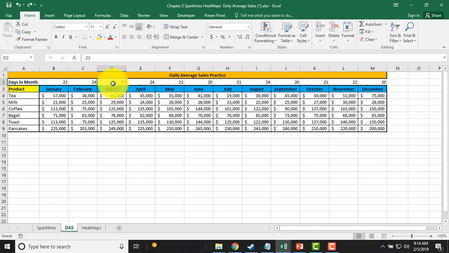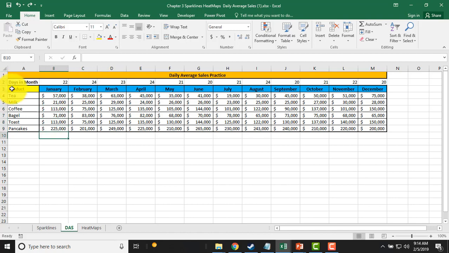Is it fair that March had one more selling day? Our store was open one extra day compared to January. Is it fair to say March is a better month than January? We're going to find out.